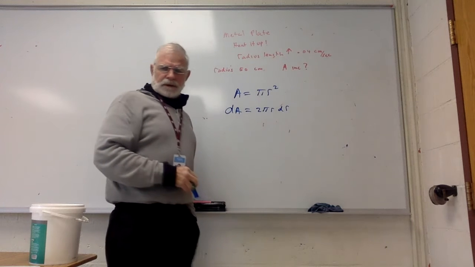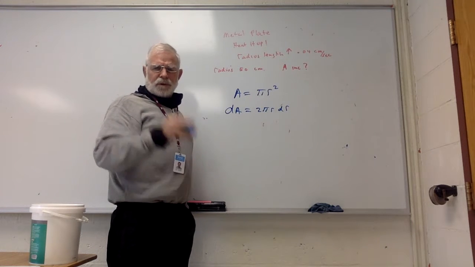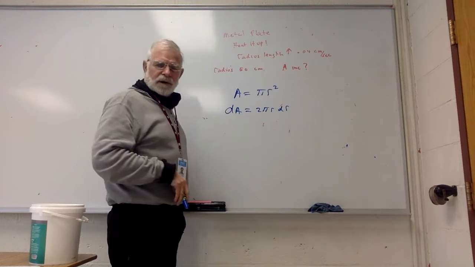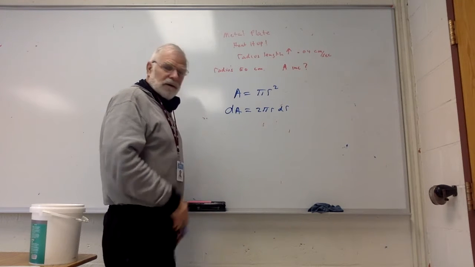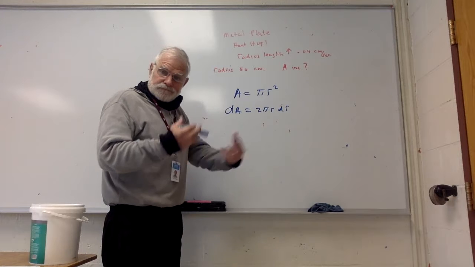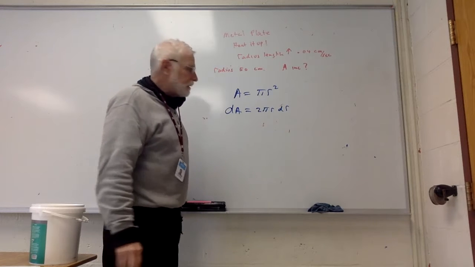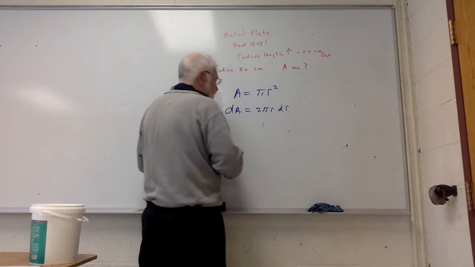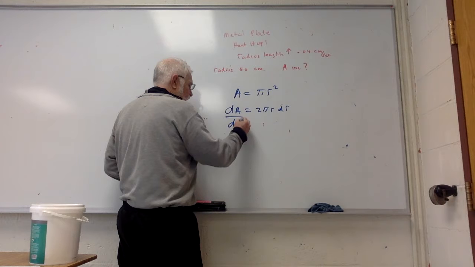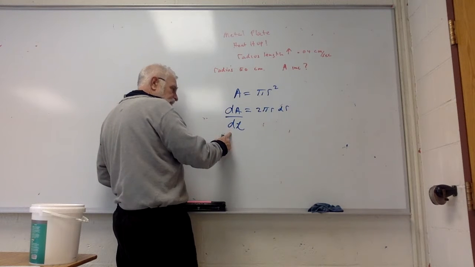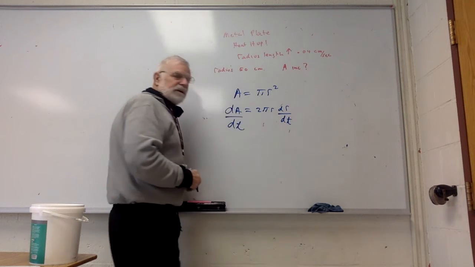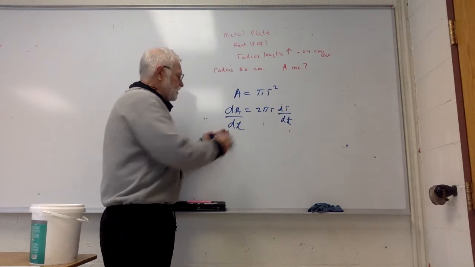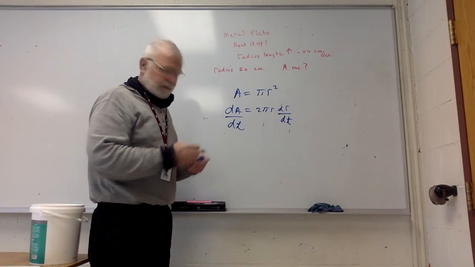Done so many test grading and progress reports and videos, I can't remember what I did when. But related rates are comparisons. dr dt. So we want to divide both sides by dt. Oh, now I have how does the area change with respect to time? How does this change with respect to time? Still equal. Did the same thing to both sides, right?